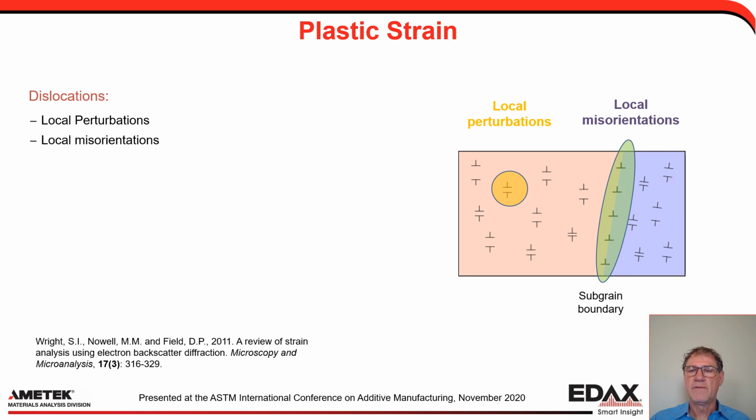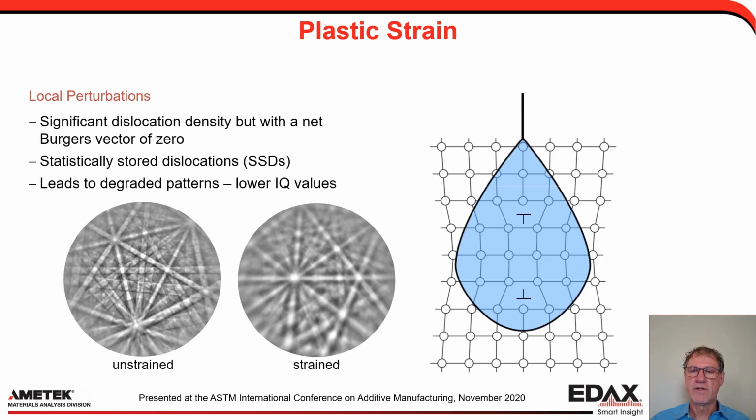So if we have 2 dislocations canceling each other out, we won't pick that up in EBSD so well, but we can collect, say, subgrain boundaries. And you can see that here, coming back to the idea of local dislocation or local perturbations, the dislocation density could be significant, but we end up with a net Burgers vector of 0, and so we don't end up with a misorientation.